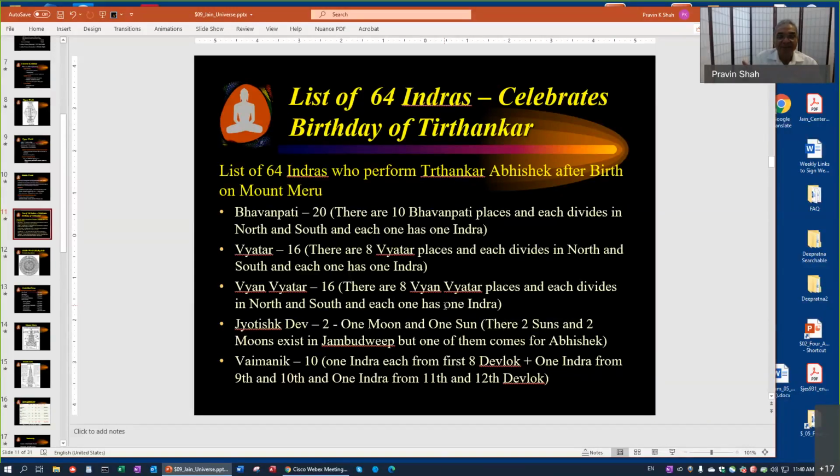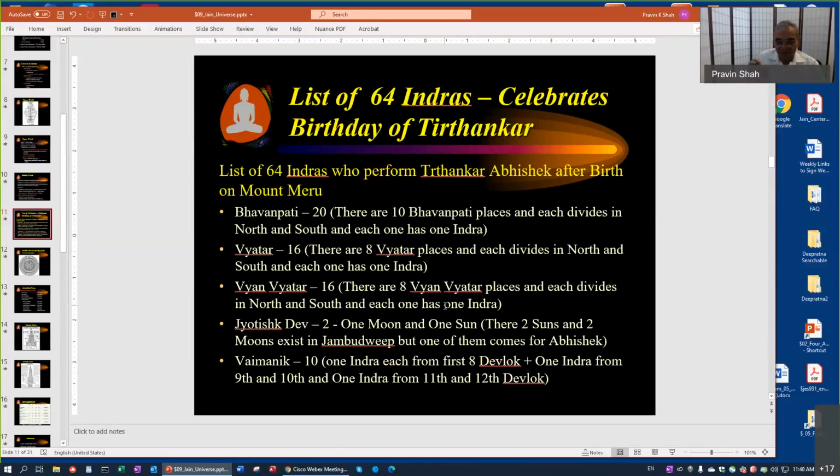And then there are the Vaimanik Devs. The Vaimanik Devs are right above us. They are not in the Madhya Lok, they are in the upper world. For these Vaimanik Devs, there is one Indra from each of the first 8 Devloks, plus one Indra from the 9th and 10th, and one Indra from the 11th and 12th.